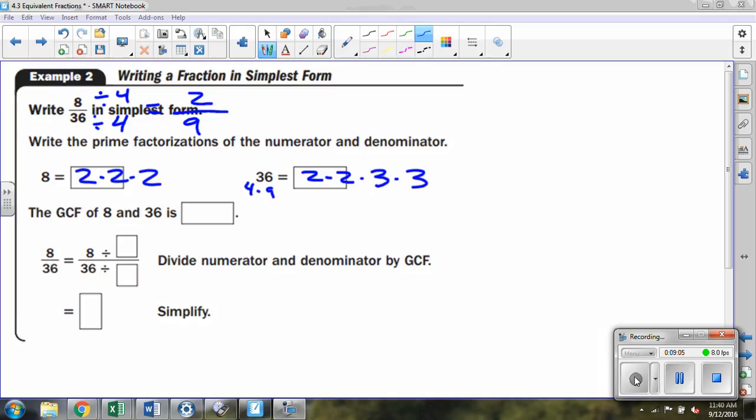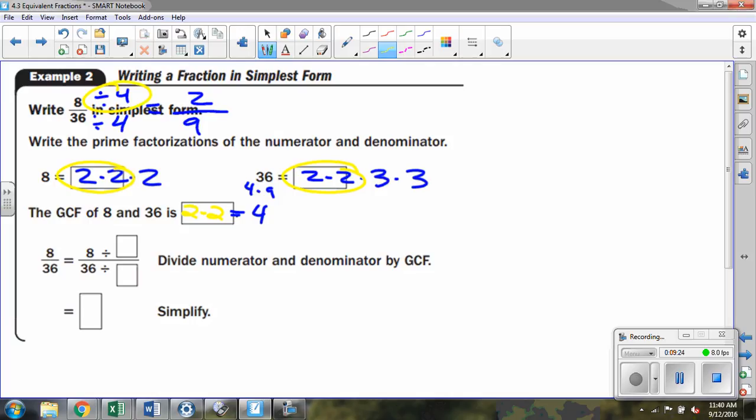Based on those, we saw before that we could identify the things that they have in common. They both have a pair of 2's, so our greatest common factor, 2 times 2, is 4. That's why I chose to divide out by the 4 in the beginning, because it's the greatest common factor. I want to emphasize this step here.